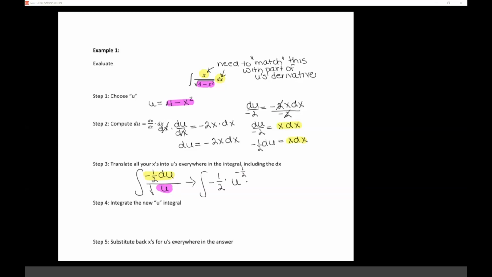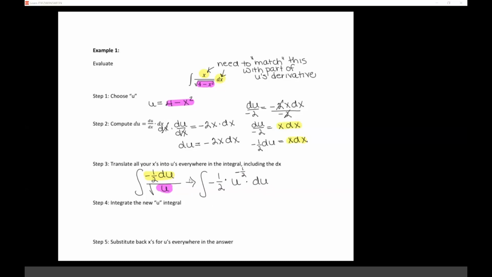And then just conventionally, I can put the du last. So this came up into the numerator with the negative exponent on it. And then everything's multiplied: -1/2, the du, and the u to the 1/2. Everybody understand the algebra involved here?